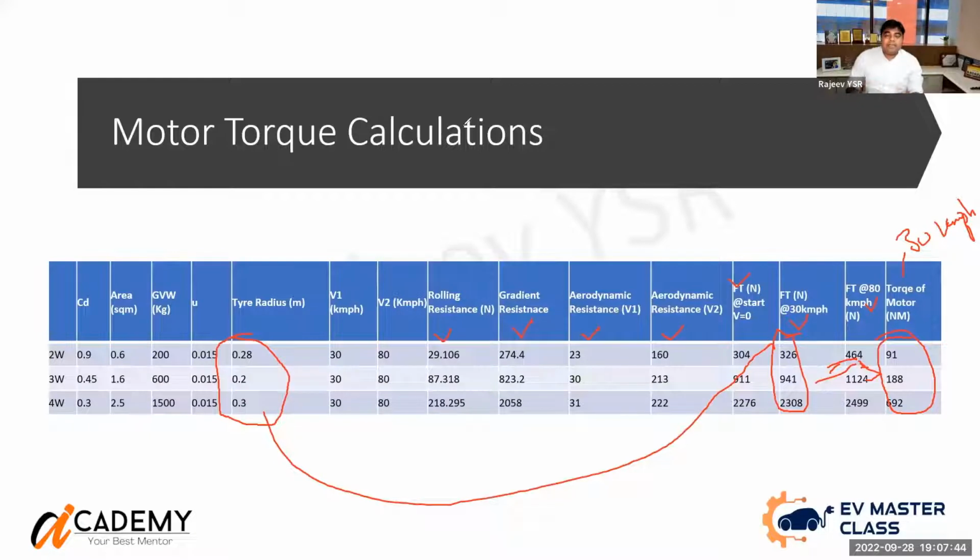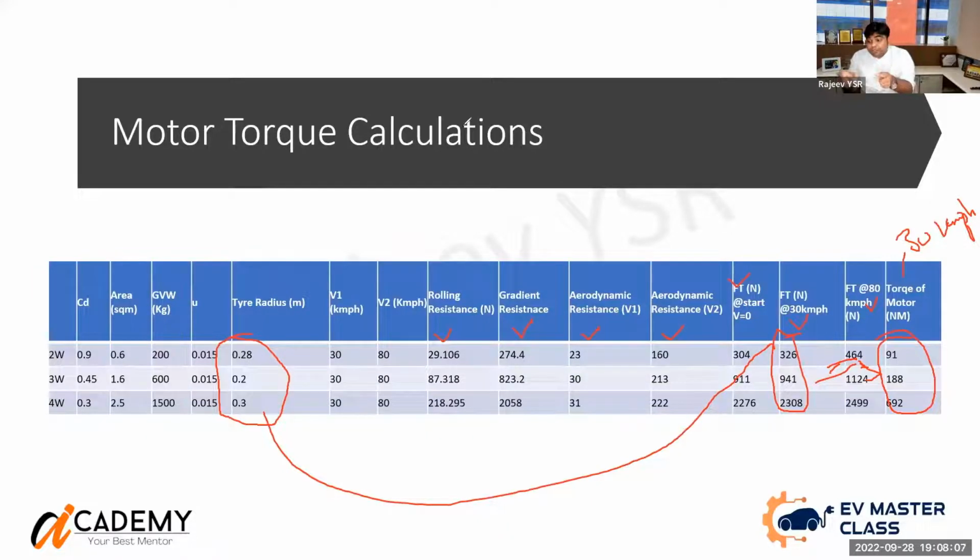Let me repeat again. So far, you have taken 3 different kinds of vehicles, 2-wheelers, 3-wheelers, 4-wheelers, for your understanding. You looked at different forces that are acting upon it. These are all fundamentals. Then you summed up all those forces and said, if my vehicle has to move, my traction force must be more than this minimum. So you arrived at the torque.